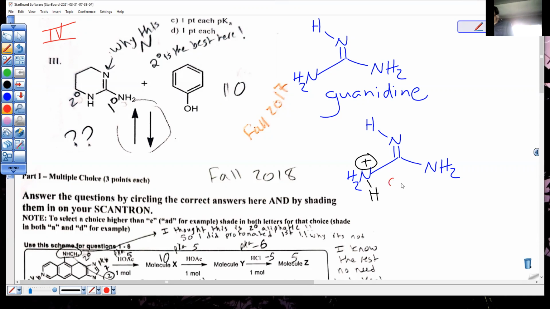This can't resonate with the other nitrogens. So you would not put the proton there.